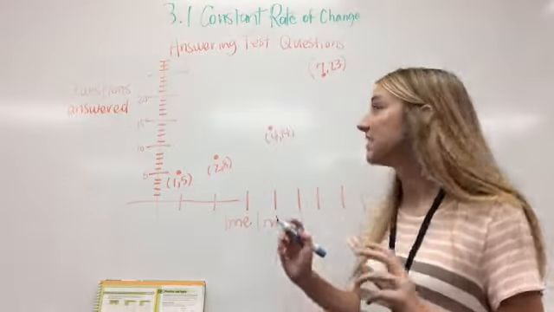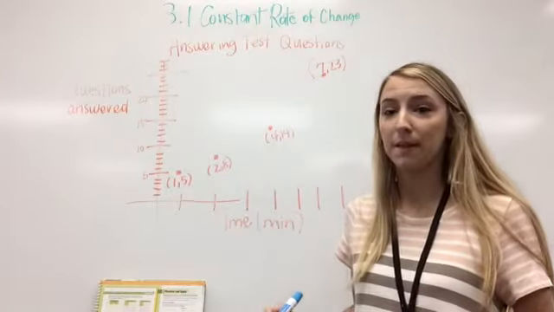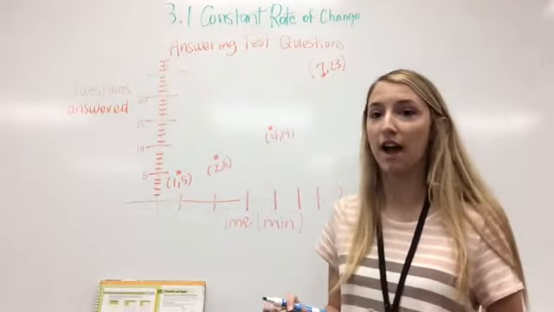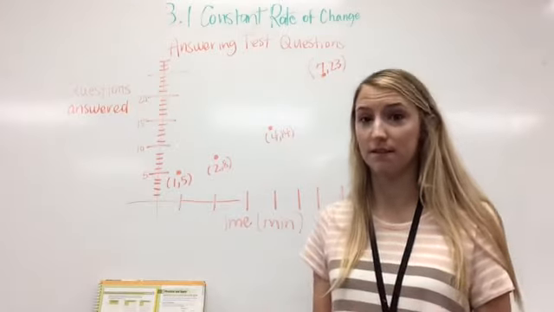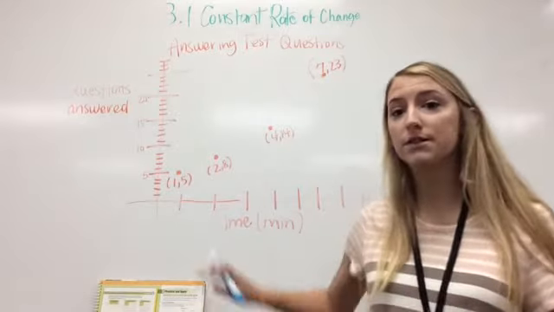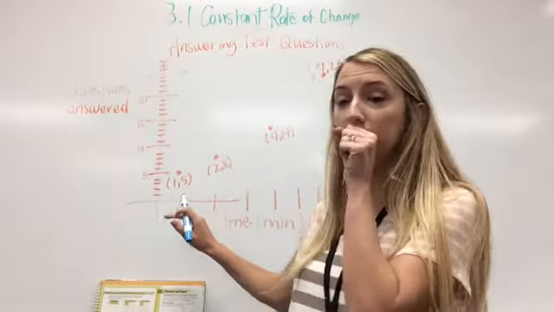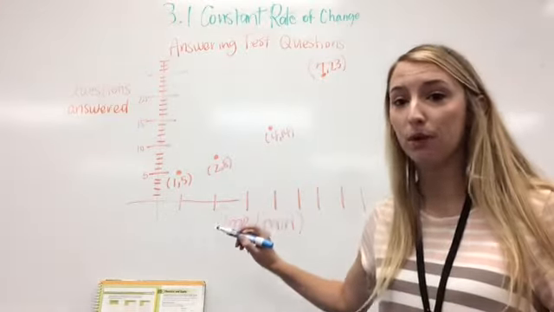Okay, so this is going to be example number 3. You do not have to draw this graph in your composition notebook, and I would actually suggest you not draw it. But we are going to use this graph to make a table.